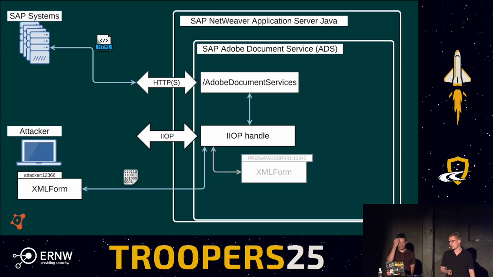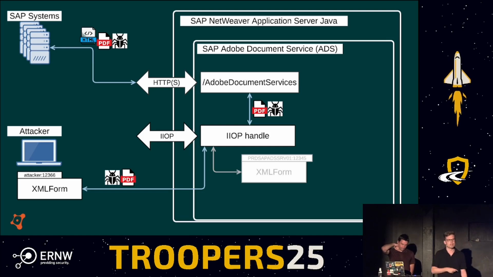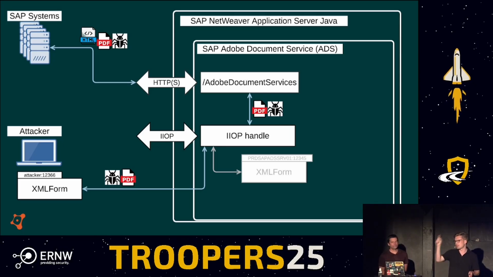And in that manner, we were then able to use the server-side request forgery to upload any file to the server that has then been used in the other direction. So the PDF that is returned to the client is then provided with that server-side request forgery.